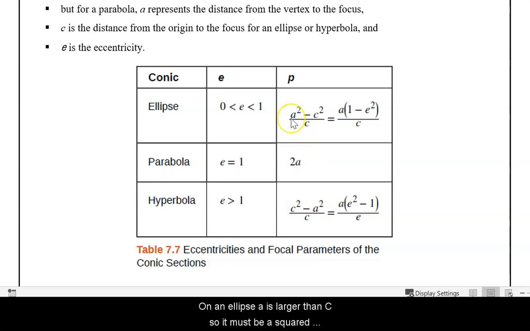On an ellipse, a is larger than c, so it must be a squared minus c squared. But on the hyperbola, the focal point is further away from the center, so c is larger than a, so it must be c squared minus a squared. No, I don't expect you to have these memorized. Again, this is something that you would be allowed to put on a formula sheet.